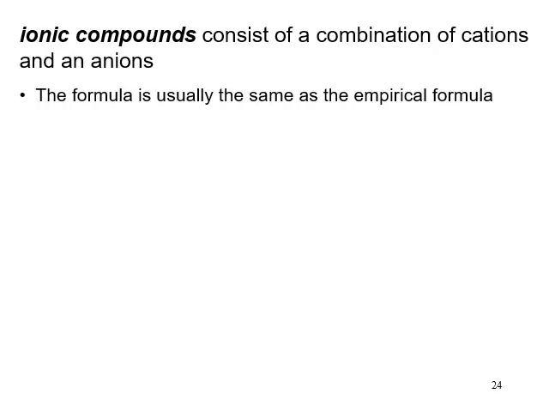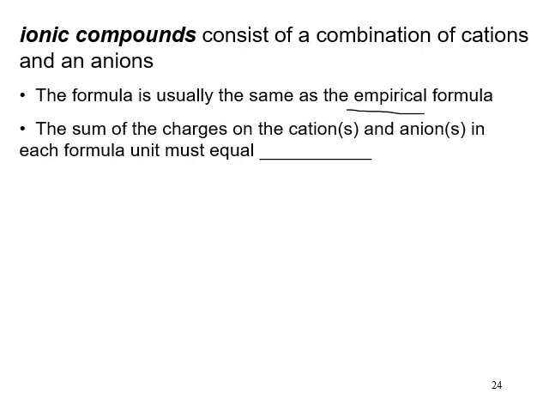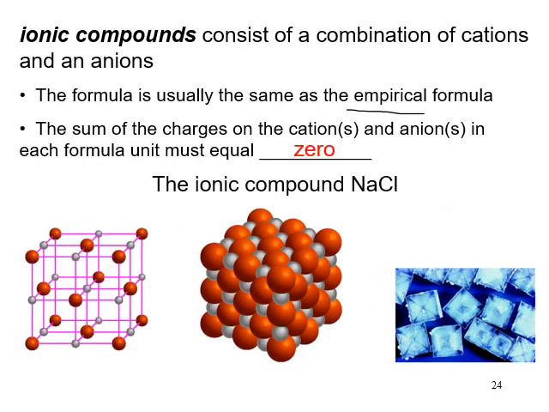Ionic compounds are cations and anions, and in this case, the formula is usually the same as the empirical formula because it's the lowest ratio anyway. As far as the cations and anions go, each formula unit must equal 0. So here's an example of sodium chloride, and we grow crystals like this in our lab for, I think, experiment 4.